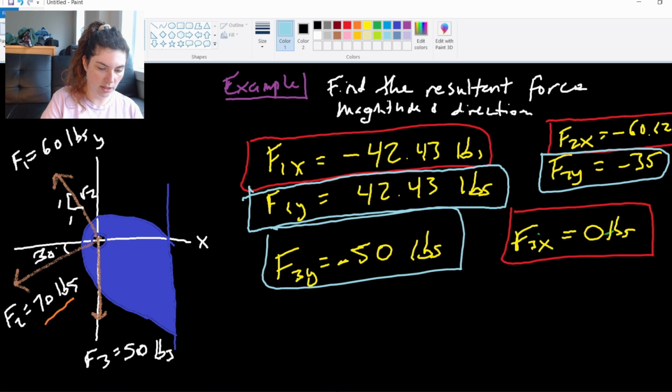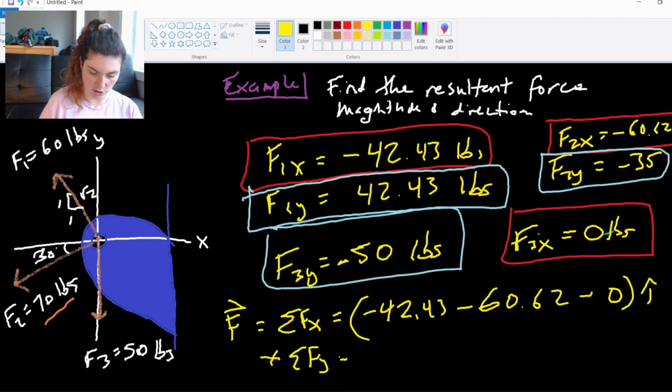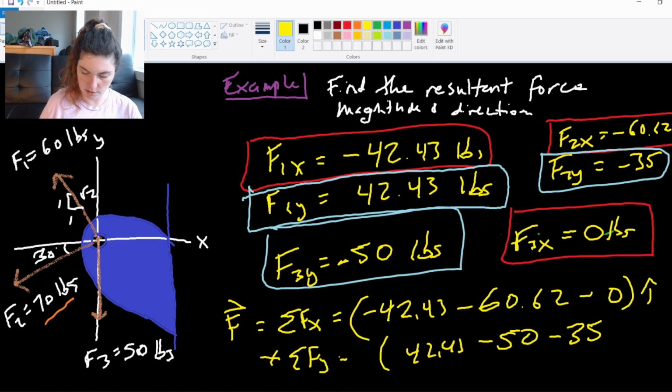So what we'll end up with is the sum of our resultant force is the sum of all X forces, which is negative 42.43 pounds minus 60.62 pounds minus 0, I hat, plus the sum of all Y forces, which is 42.43 minus 50 minus 35 pounds, J hat.